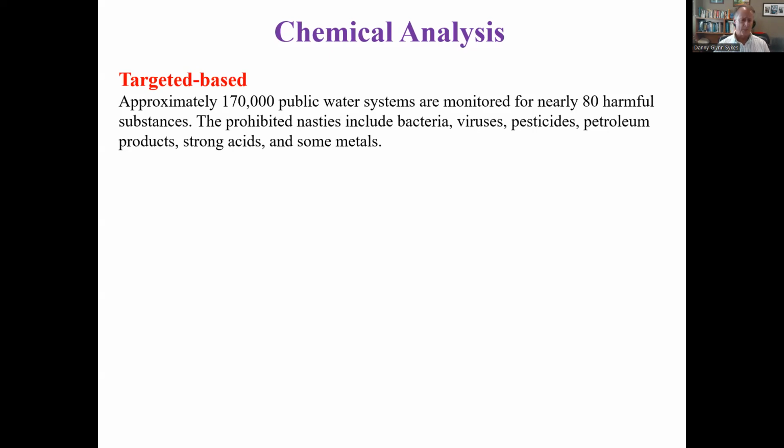The sample preparative methods I take to extract those analytes of interest into a matrix that's compatible with my instrument will be based on what I know I'm looking for and the chemical properties of those analytes. And how I optimize my instrumentation will be configured in a specific way to look for those particular targeted compounds.